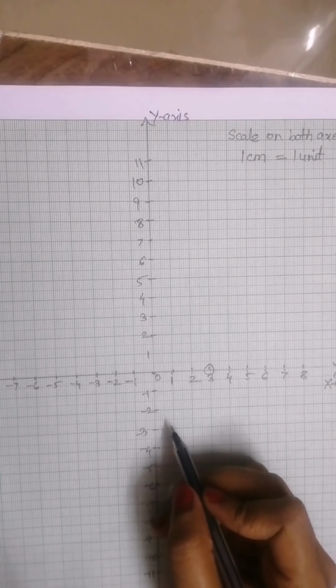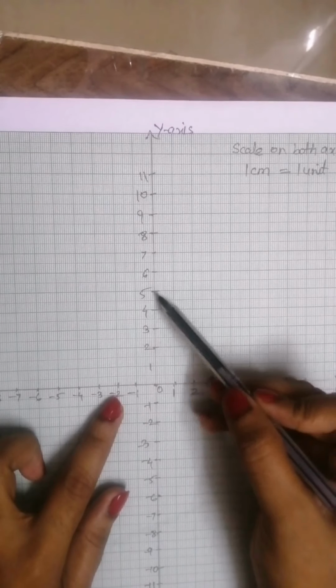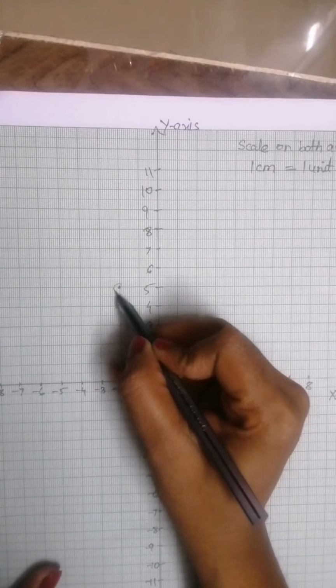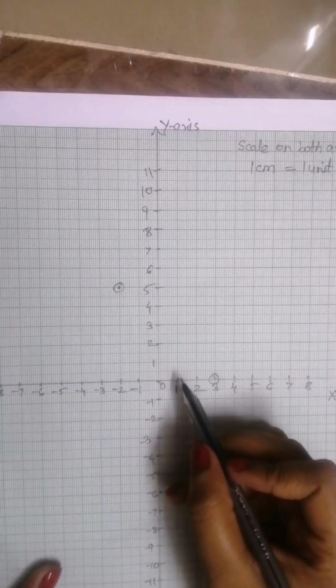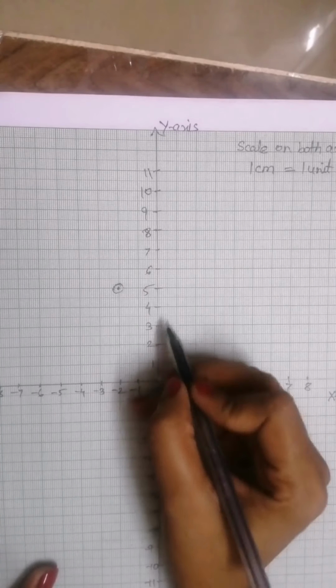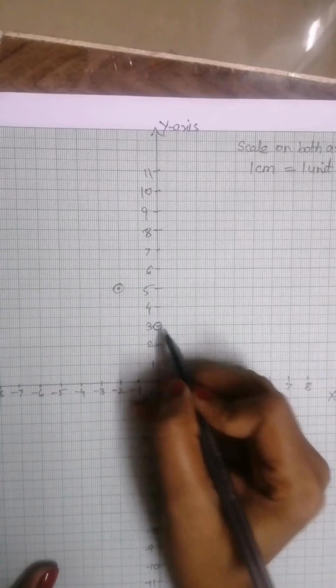The second one is minus 2, 5. This is minus 2 and this is 5. So just plot here. This is the second. Now the third one is 0, 3. This is 0 and this is 3. Just plot here.